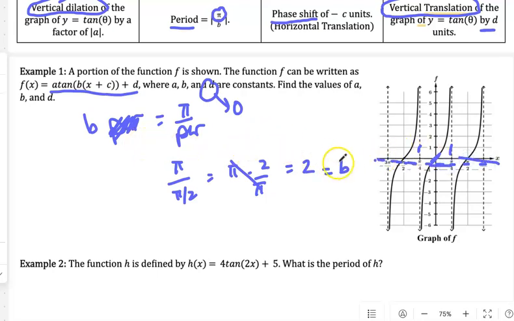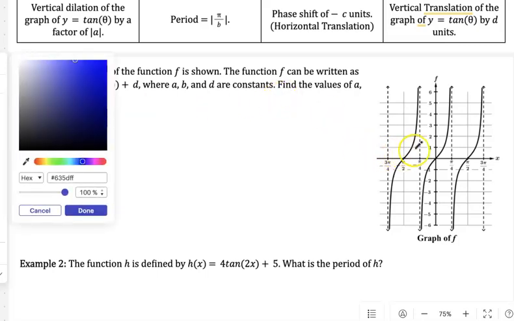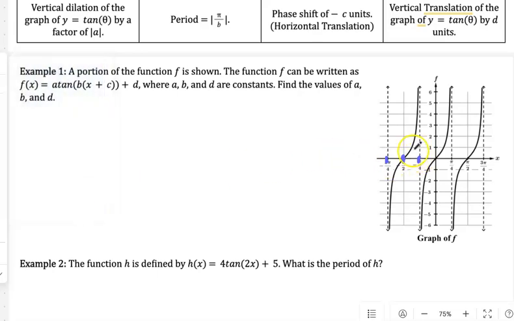And then last, it's very, very difficult to determine whether there is a vertical dilation when looking at the graph of a tangent function. So for example, when I look at this graph, I am going to take a look here and say, gosh, halfway in between the place where I cross my x-axis and the vertical tangent line should get me to 1 and negative 1.